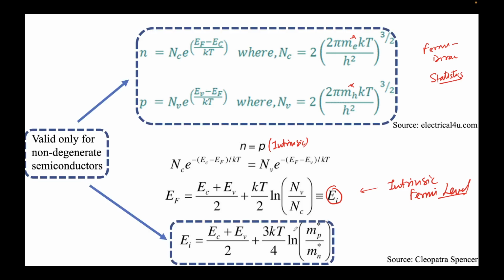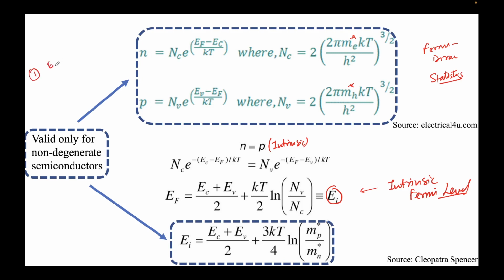Now, there's one catch here, that these expressions that I have written here are not always valid. These N and P expressions, and based on this the Fermi level expression that we write, are valid only for non-degenerate semiconductors. Now what are non-degenerate semiconductors? They are those that satisfy two conditions.